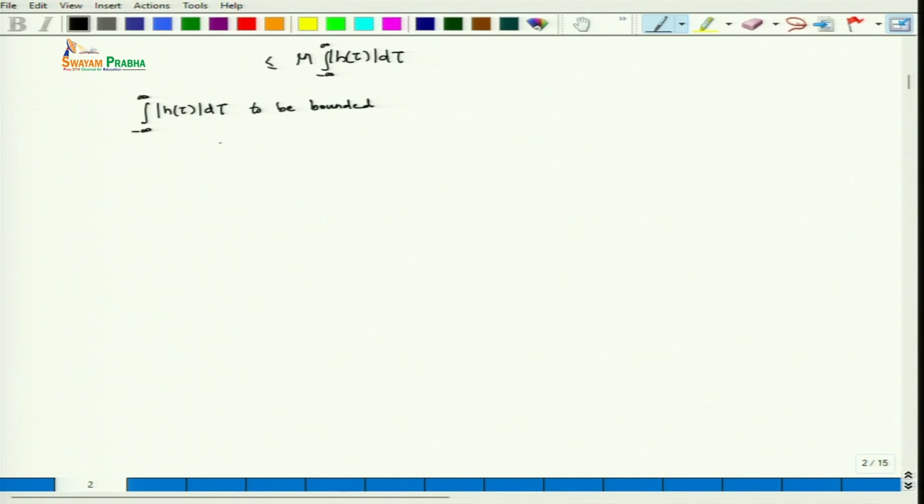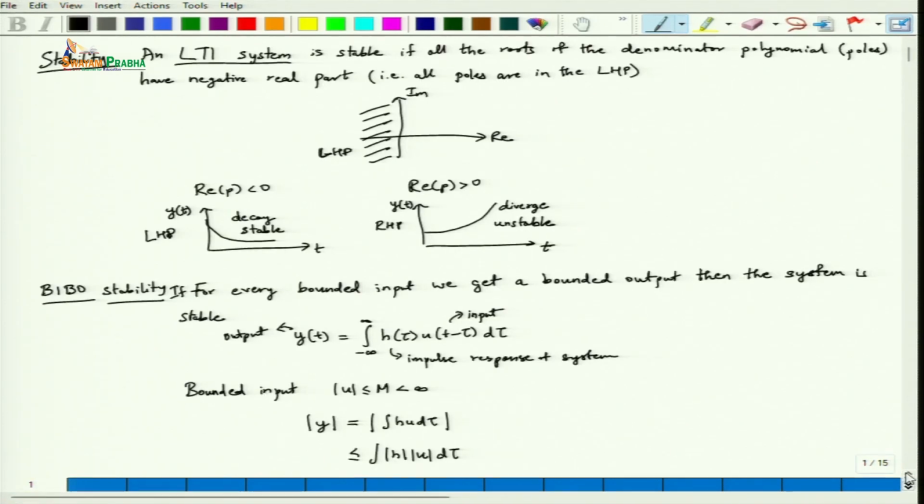So that implies that this integral is less than infinity. So this is the concept of BIBO stability, that is for every bounded input for that particular system we should get a bounded output, then that system is stable.